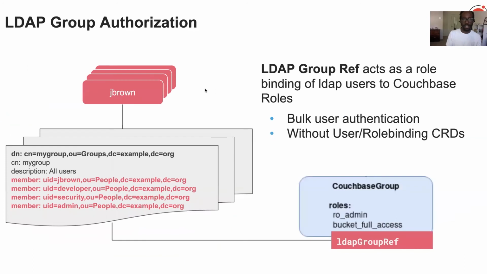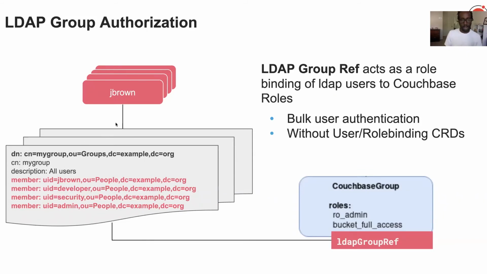An example of how this looks and how it all works together is you can have 10, 100,000 entries within LDAP of users and specify a single group. Within that group, describe all of the members of that group.